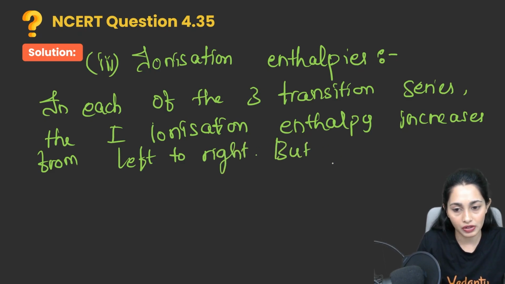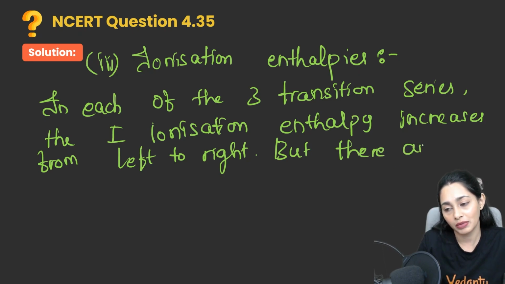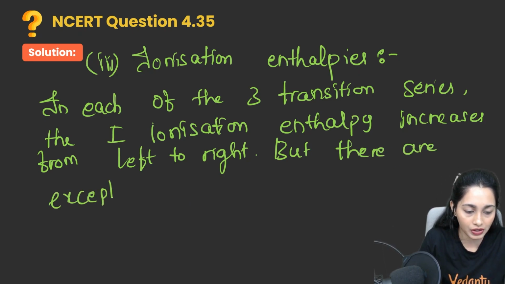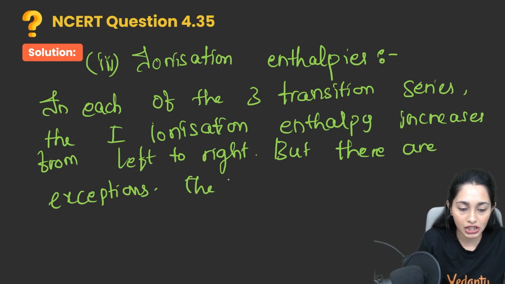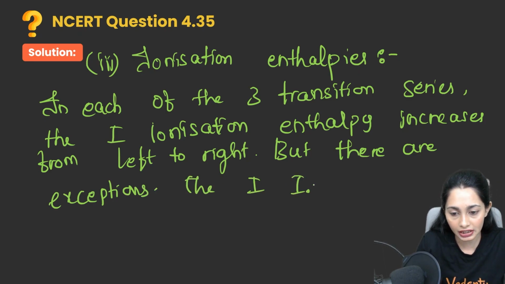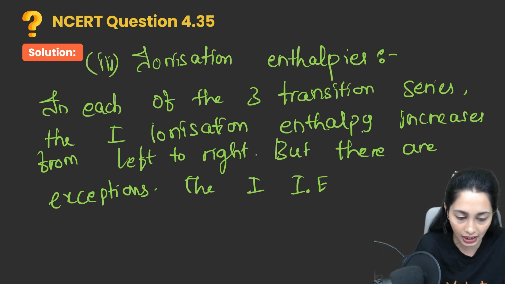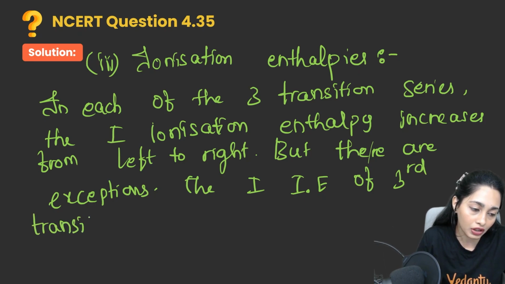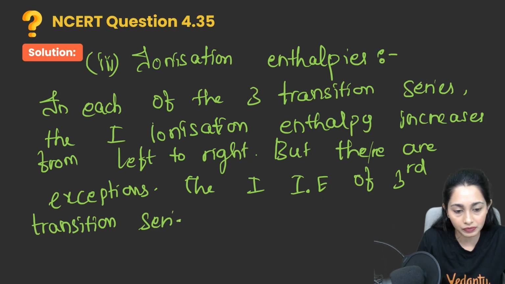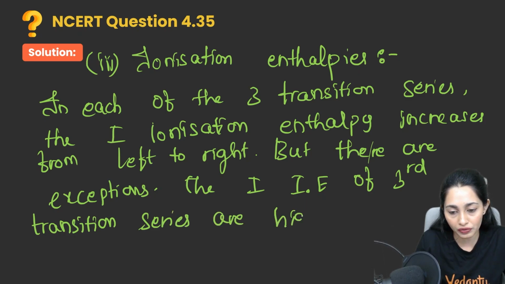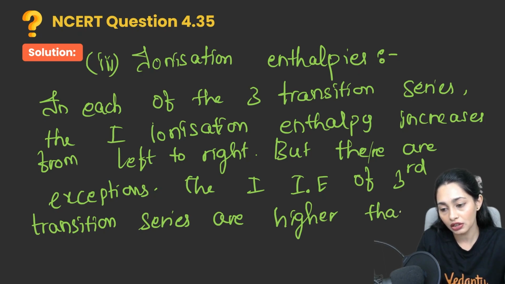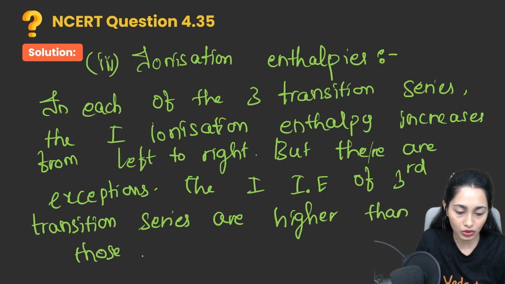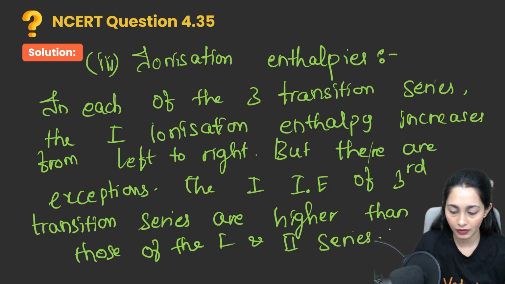But there are exceptions. There are always exceptions in chemistry. The first ionization enthalpies, I'll write IE, that is ionization enthalpy, of the third transition series are higher than those of the first and second series.